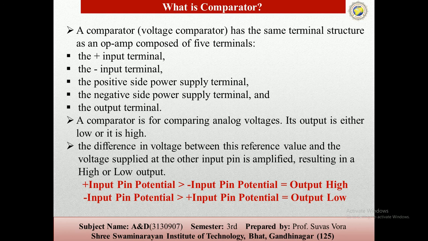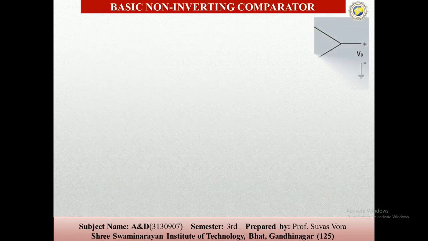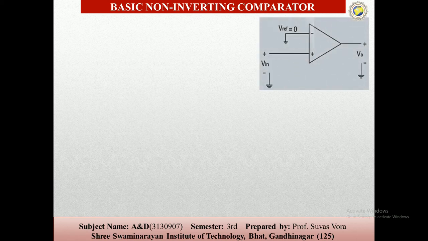So there are two types of comparator circuits, non-inverting comparators and inverting comparators, just as we saw in op-amps, inverting op-amp and non-inverting op-amp. Now start with the non-inverting comparator. In the basic non-inverting comparator, you can see the figure is similar to the op-amp circuits.